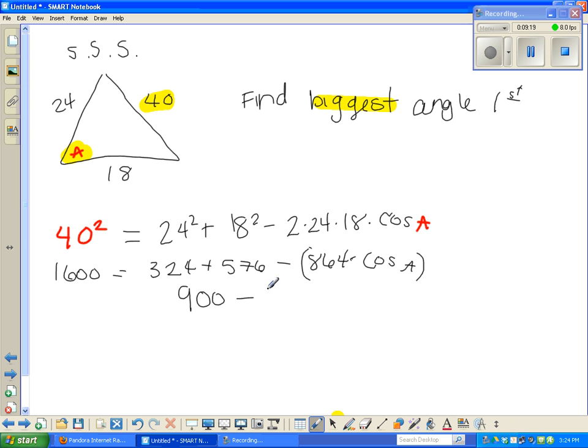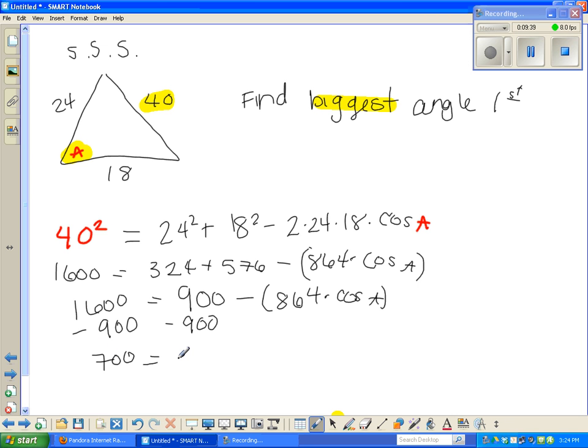So I have 900 minus 864 times cosine of A equal to 1,600. And I can subtract 900 from both sides. When I do that, I get 700 equals negative 864 times cosine of A.